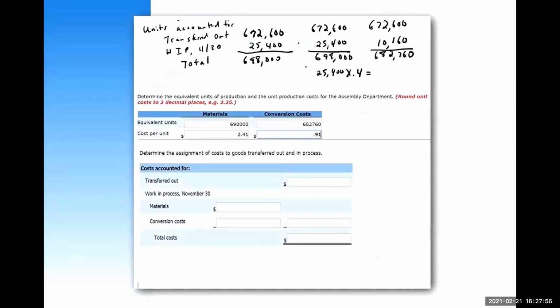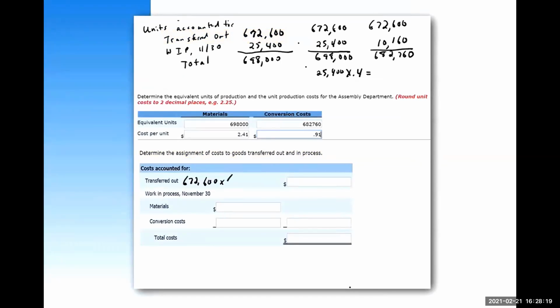The next part of this problem requires that we complete the schedule for costs accounted for. We start with the cost of the goods that were transferred out. We know that there were 672,600 goods transferred out, and so we need to price those units.